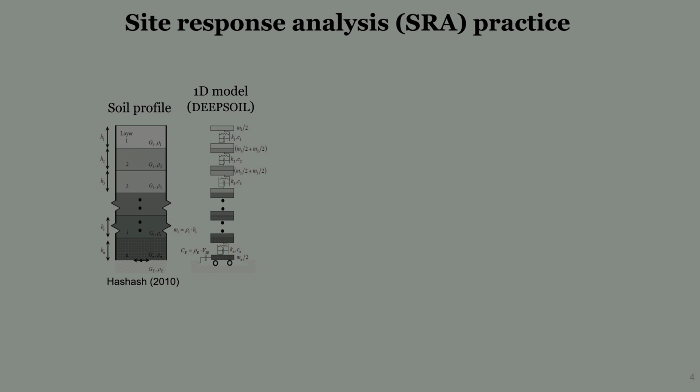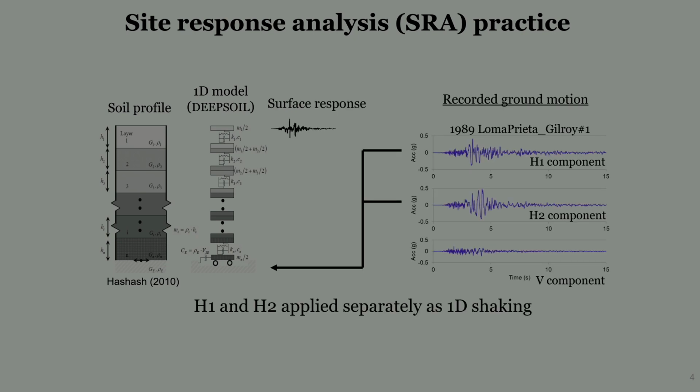Usually in site response analysis practice, the soil profile is idealized as a 1D model, such as in programs many of you have used, like DEEPSOIL or SHAKE. However, the recorded motions are usually in three directions, 2 horizontal and 1 vertical.